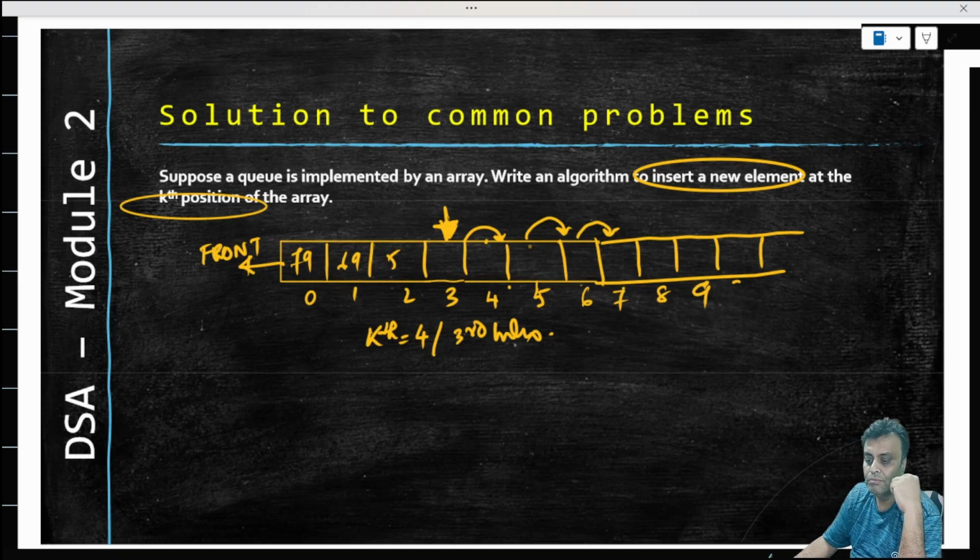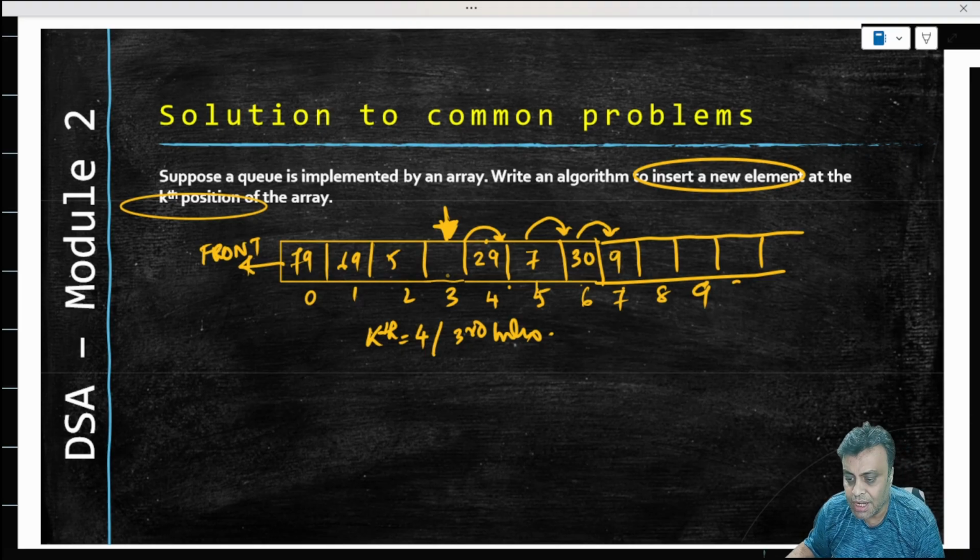So what we are doing is we have freed this, and whatever those elements were, I don't remember them, but I'm sure you can understand it doesn't really matter. So we are actually moving these elements to the right of that array. Let's say these were the elements, and 29 was originally here, 7 was originally here, 30 was originally here, 9 was originally here. We have moved those elements to the right.